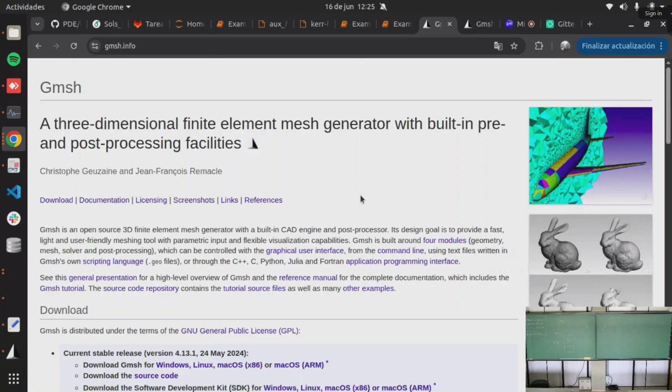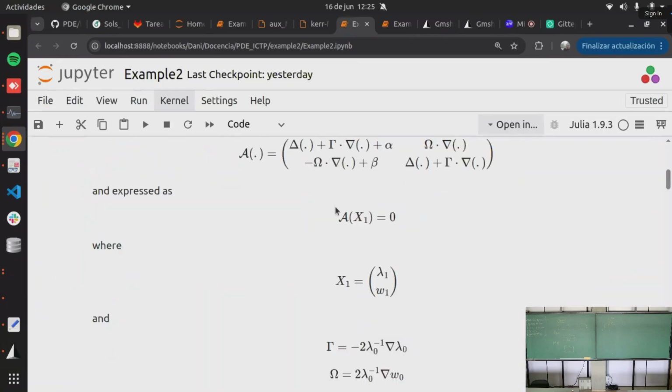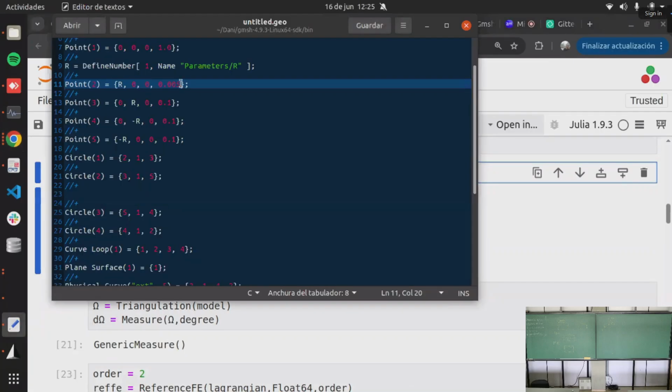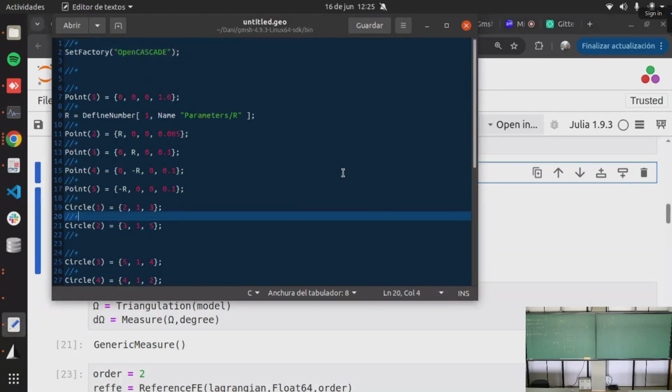I prefer to use the software to visualize the mesh that I am creating, and after that export the point mesh and import the mesh like we did before, like this. But it's the same thing. The point geo has the same structure that I think you were using before.